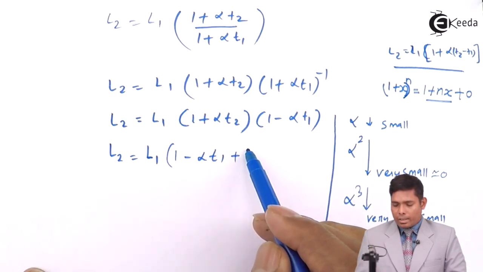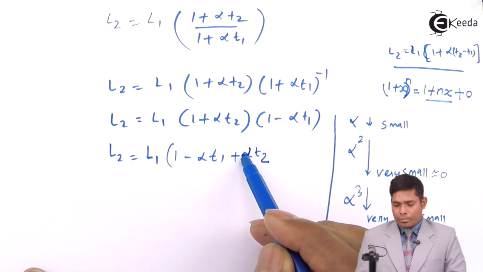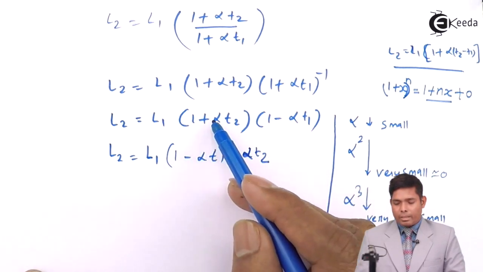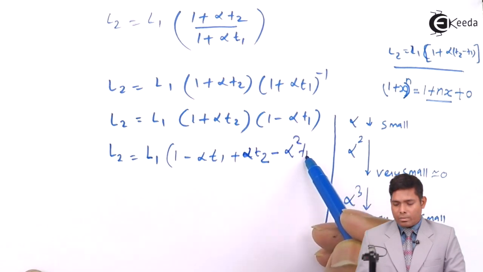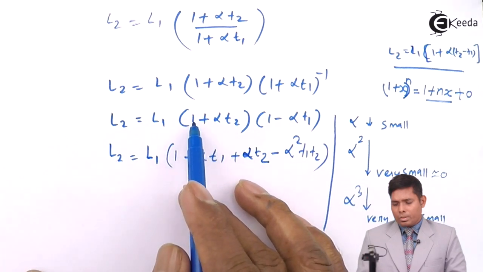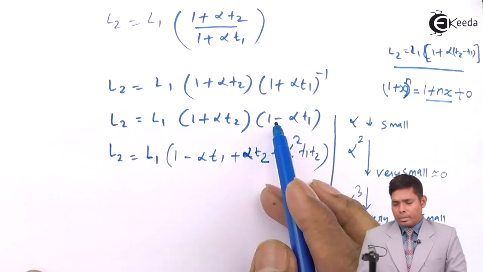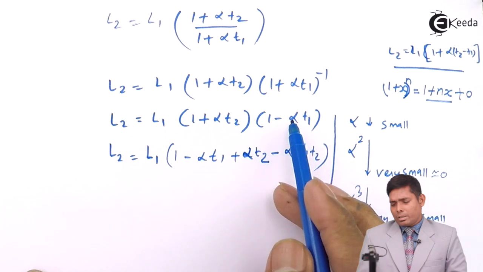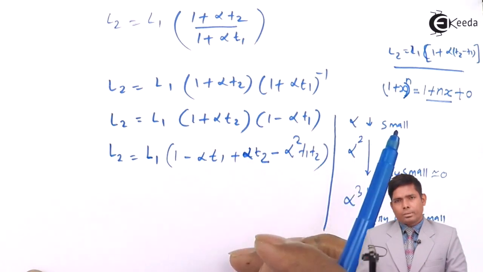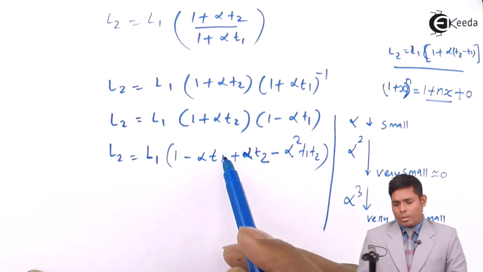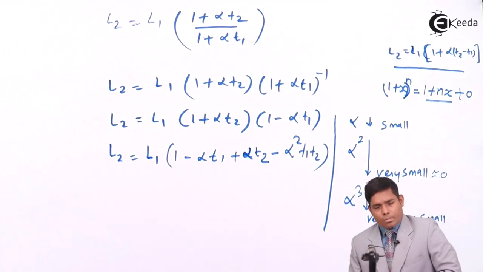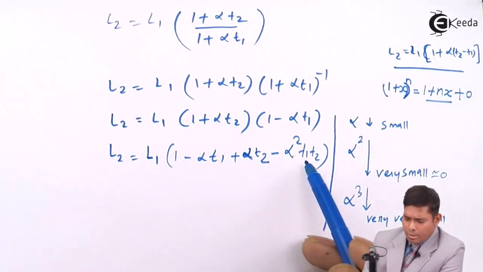So this is alpha t2, and this minus times plus is minus, so minus alpha square t1 t2. Suppose this is a plus b, and this is a minus c: just open the bracket and multiply it. So there are 4 terms like this.